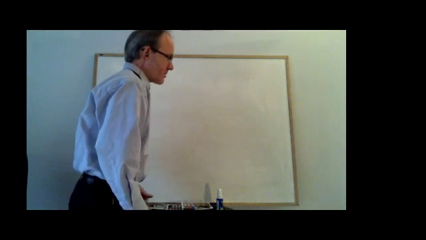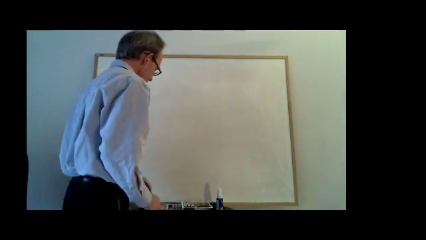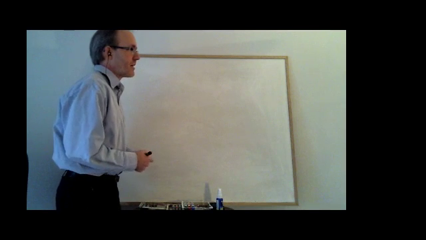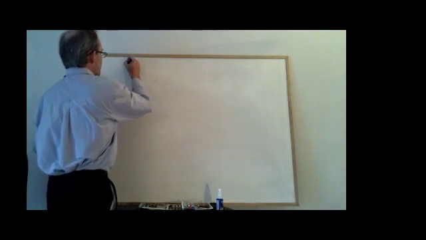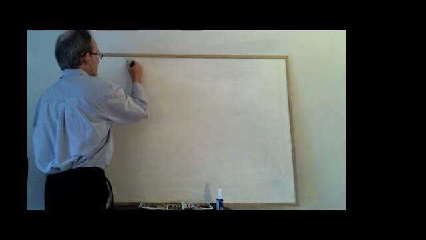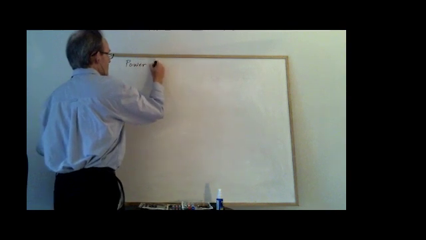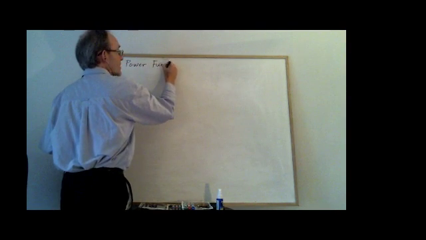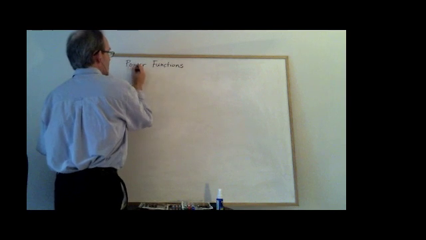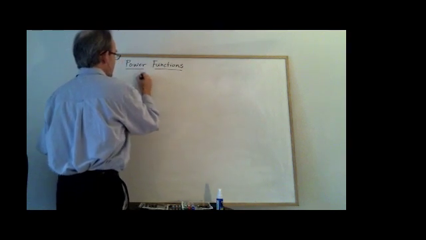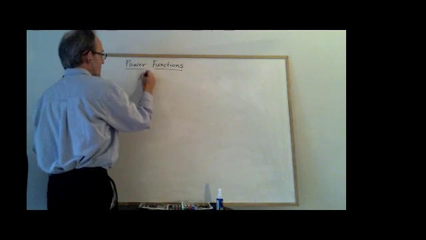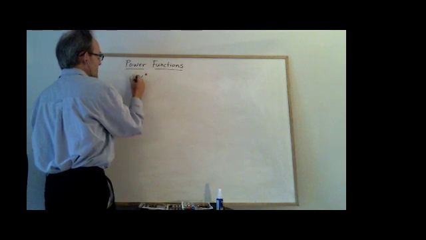All right, so now in that lecture, I started with reviewing a little bit of, well, I didn't review it very much, but the previous lecture I had looked at power functions. So these are functions of the form a x to the n.